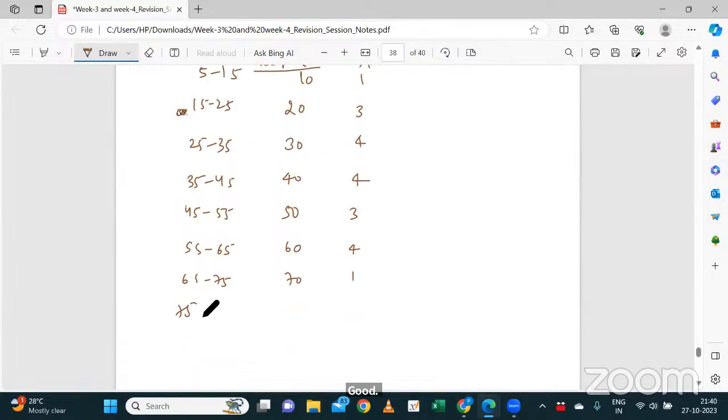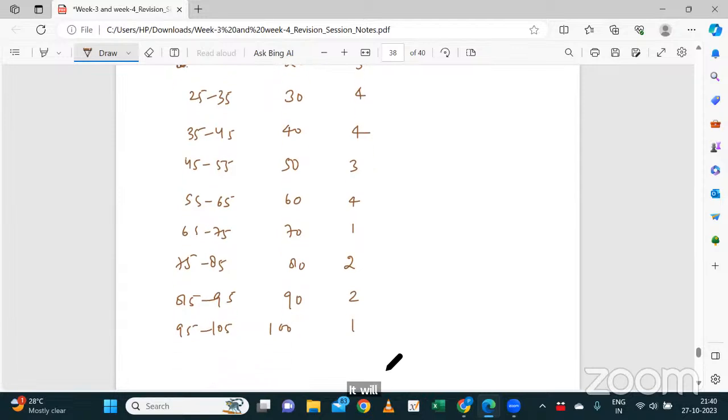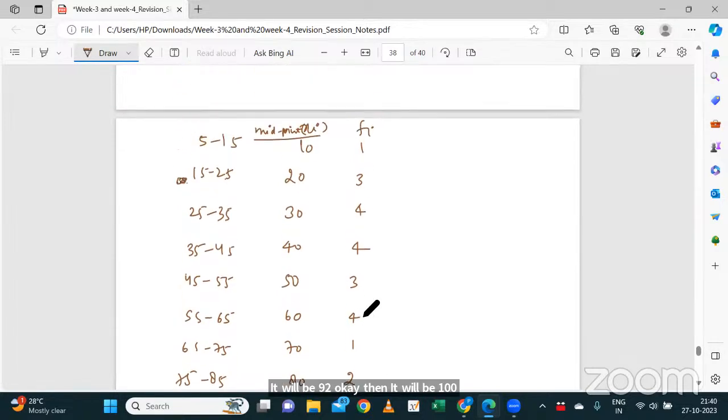Then 75 to 85, the midpoint is 80, frequency 2. Then 90, again 2. Then the last midpoint is 100, frequency 1.